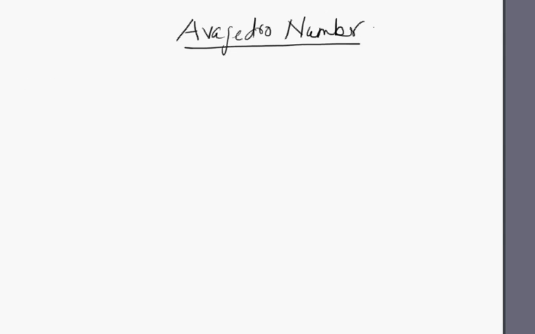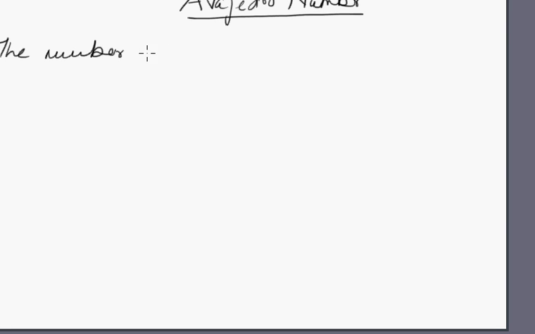The Avogadro number is the number of particles. This particle can be anything which cannot be seen, trillions and trillions of particles that you cannot count manually. These number of particles are present in a mole of any substance.